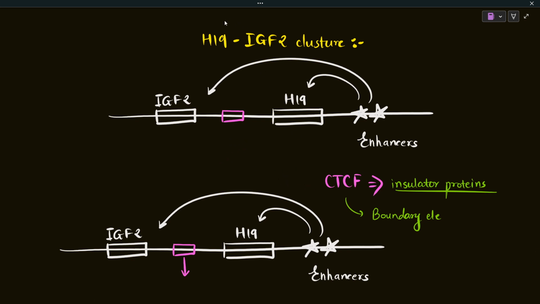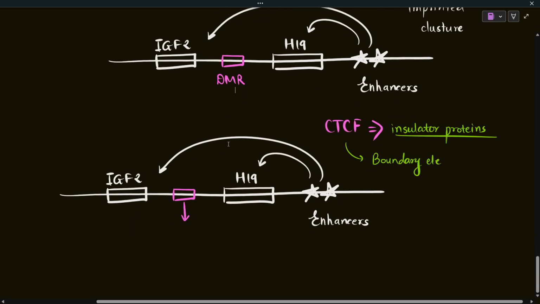This cluster is a paternally imprinted cluster. It means the DMR will be methylated in the paternal allele. Here the DMR is the CTCF binding site, the differentially methylated region.